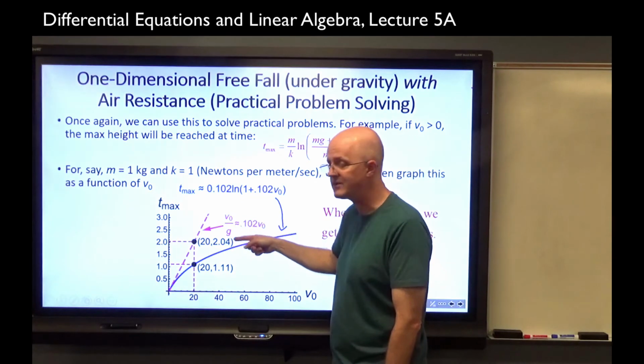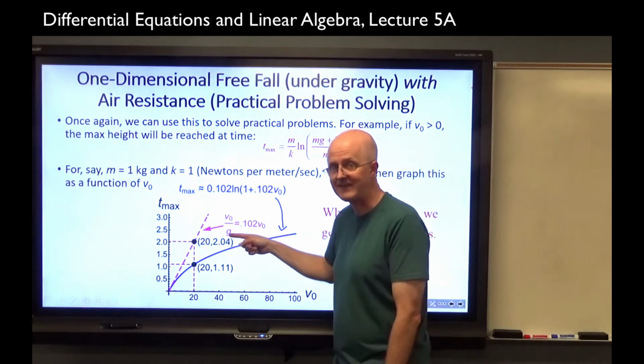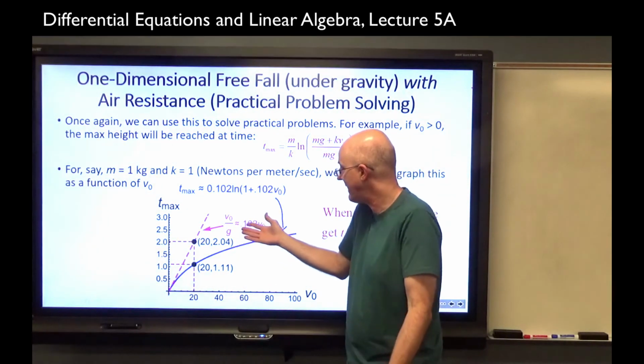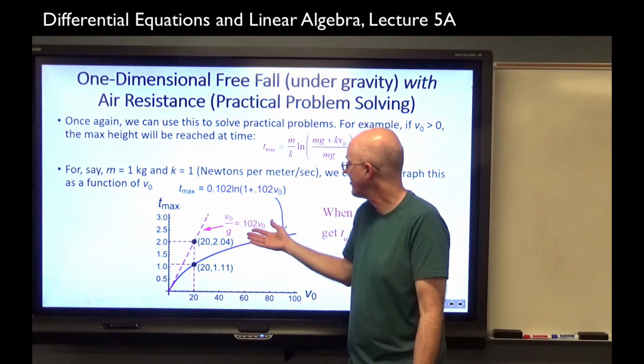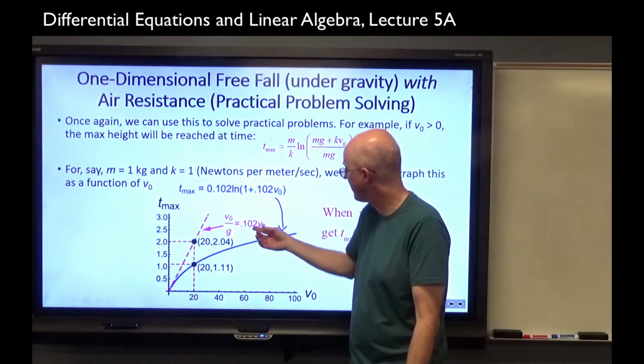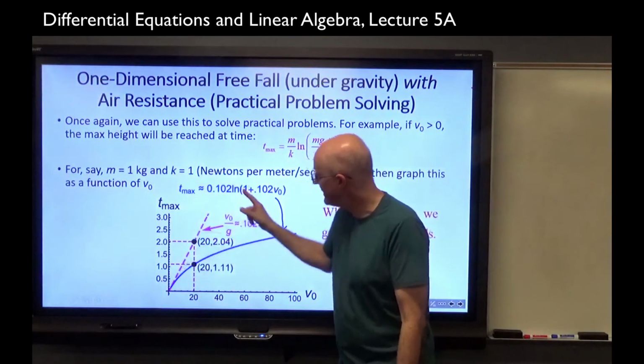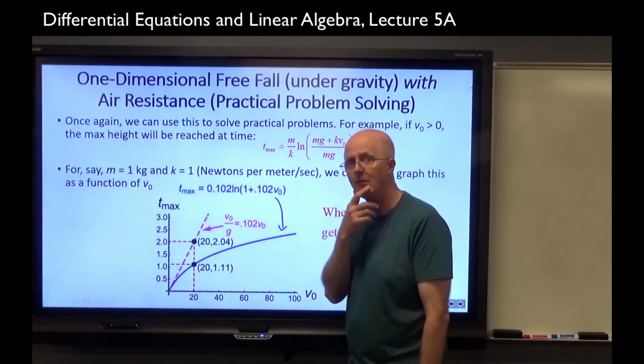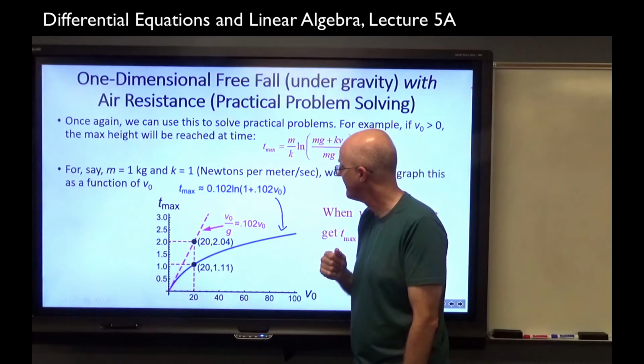This expression, V0 over G, was that thing that I mentioned about 15 minutes ago that you could imagine to be a function of V0. And if 1 divided by 9.8 is about 0.102, this would be 0.102 V0. A linear function, in fact, a proportionality, when there's no air resistance.